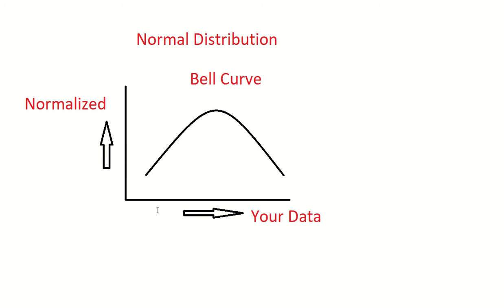So, it is pretty clear that the shape of the curve is bell shaped. The exact center of this bell curve would represent the mean, or you can say the normal value.